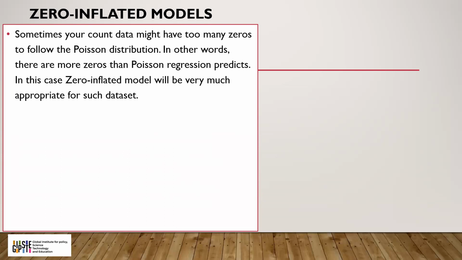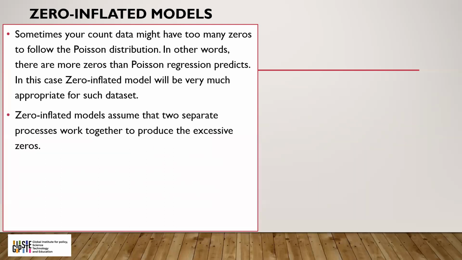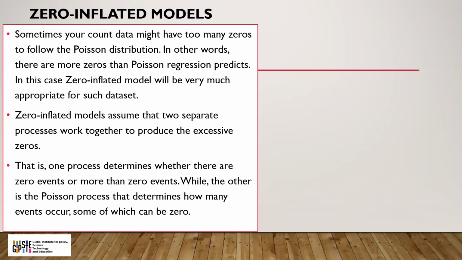In this case, zero-inflated models will be very appropriate for such datasets. This is because zero-inflated models assume that two separate processes work together to produce excessive zeros. One process determines whether there are zero events or more than zero events, while the other is the Poisson process that determines how many events occur, some of which can be zero.